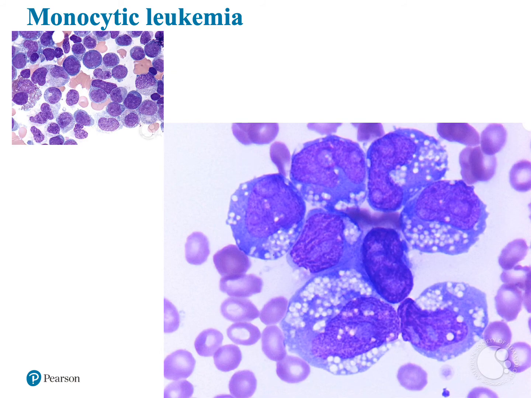So on the upper left side is a not very zoomed-in picture of a monocytic leukemia. As you look up close, look at all those vacuoles. They're big, but they're not all the same size. You're making monocytes, but you're not making them like a normal monocyte should be.